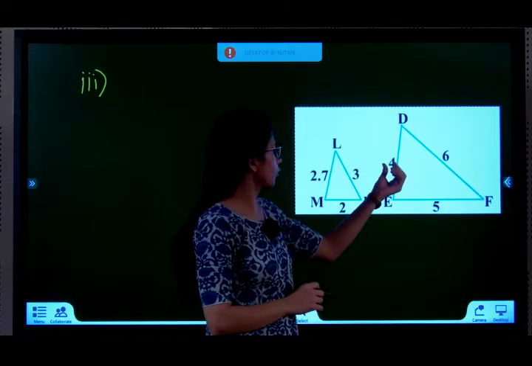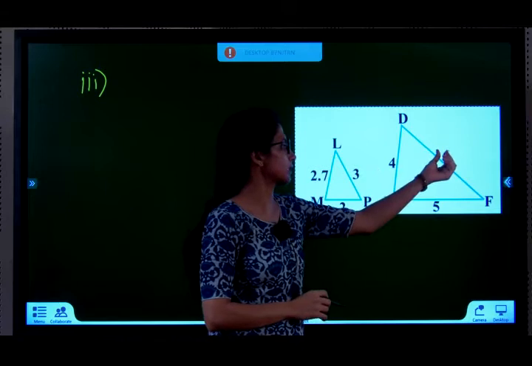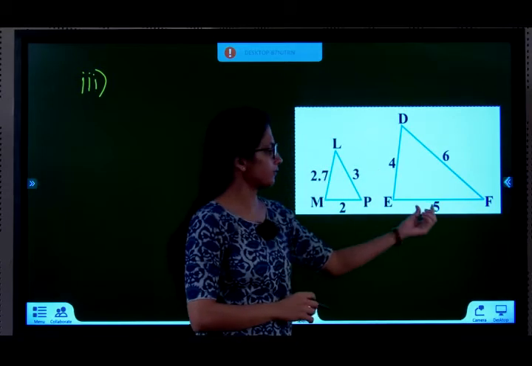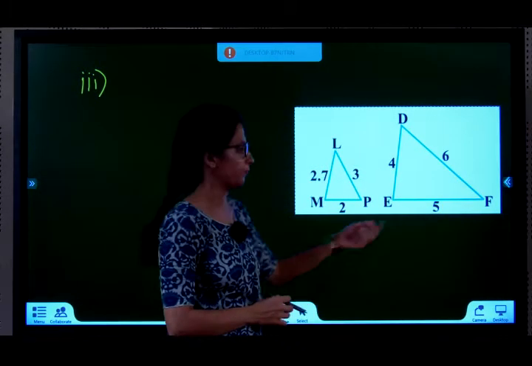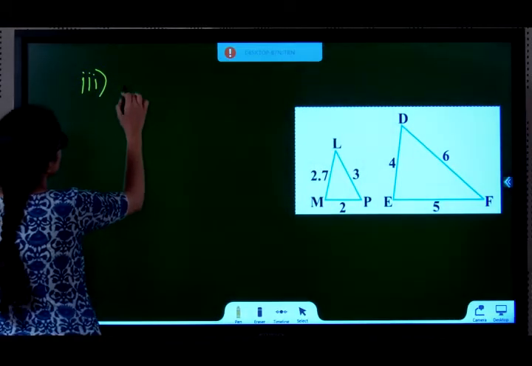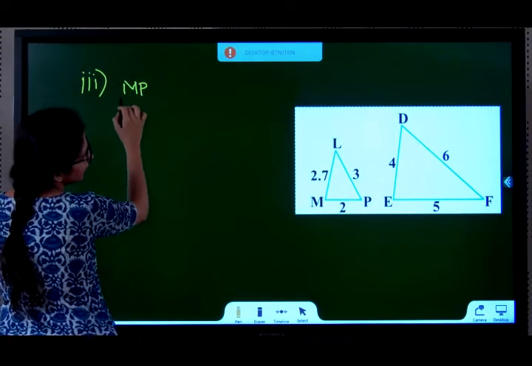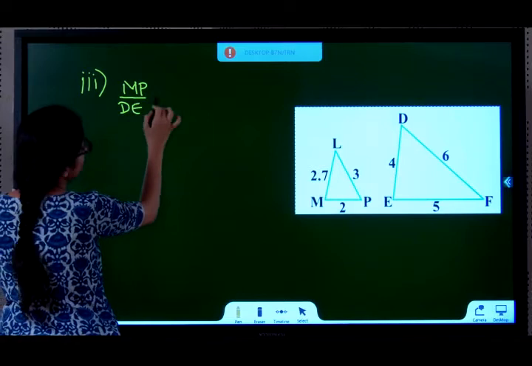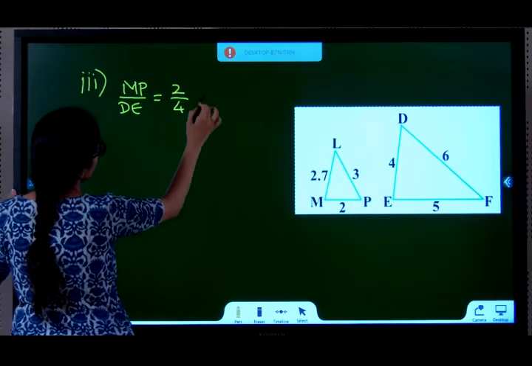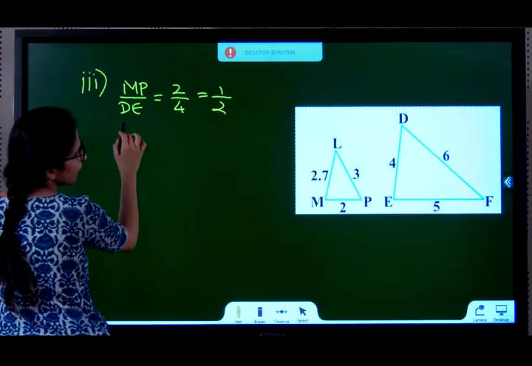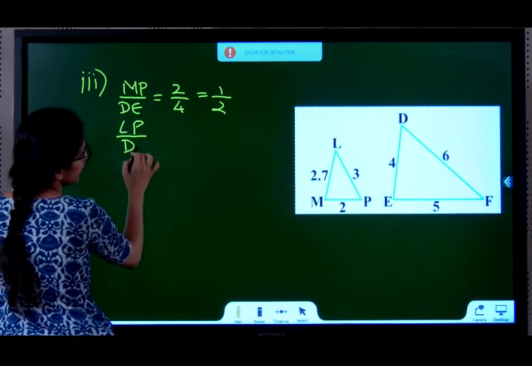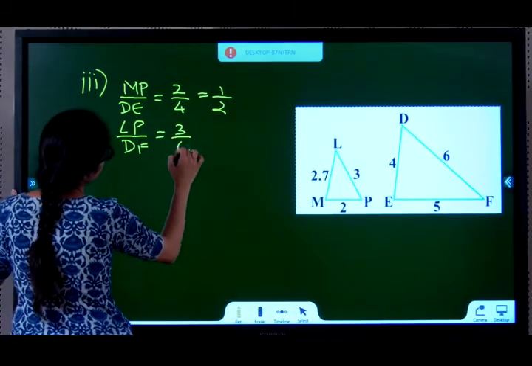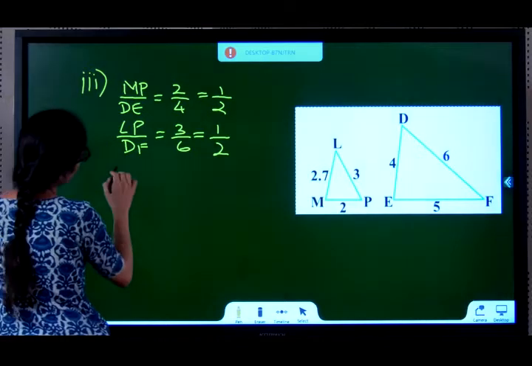2 corresponds to 4, 3 corresponds to 6. But does 2.7 correspond to 5? No. So MP by DE is 2 by 4 which is 1 by 2. LP by DF is 3 by 6 which is 1 by 2.